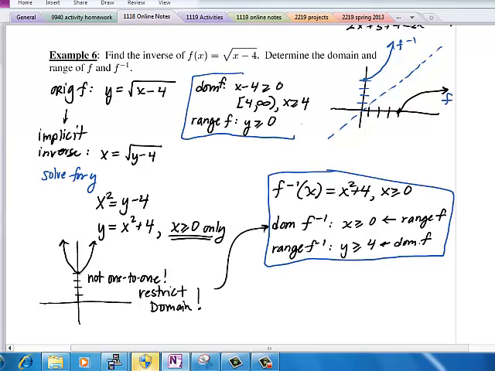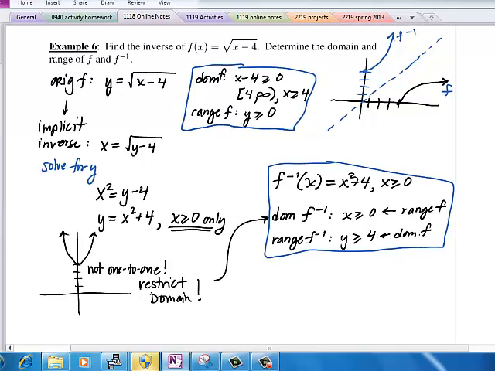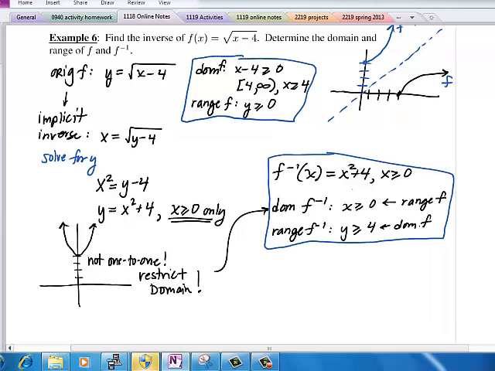So you want to be always paying attention to the domain and range of the original and the final, so that you know whether you need to restrict the domains in any way. So again, answering f inverse of x equals x squared plus 4 would not be correct. You also need the restriction x greater than or equal to 0 to get the correct one-to-one function for the inverse for the given function.